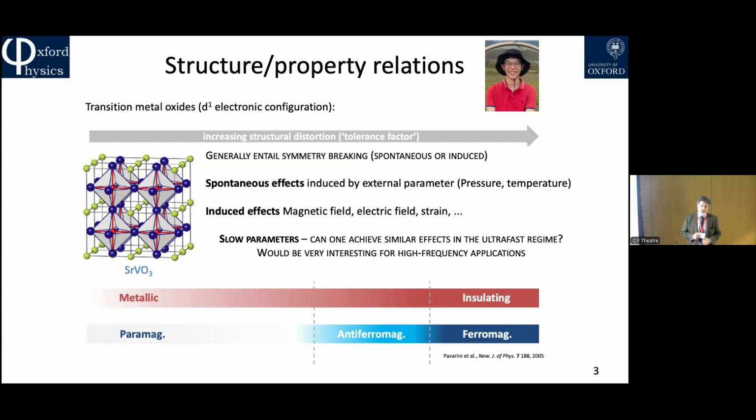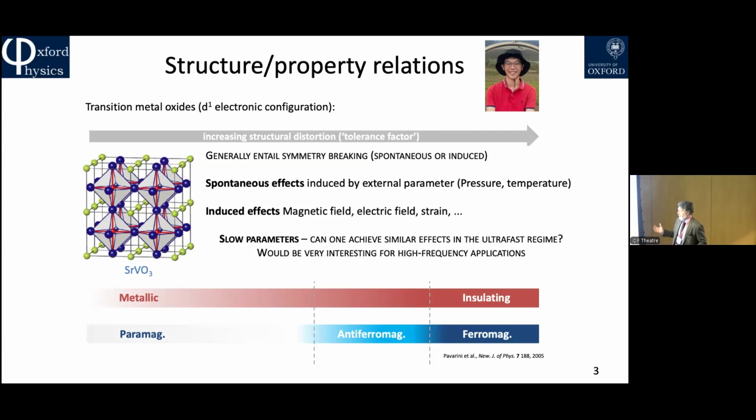Can we achieve similar effects in the ultrafast? Of course, that would be very interesting for many reasons, both for applications and for our fundamental understanding of these materials, and more on this later.